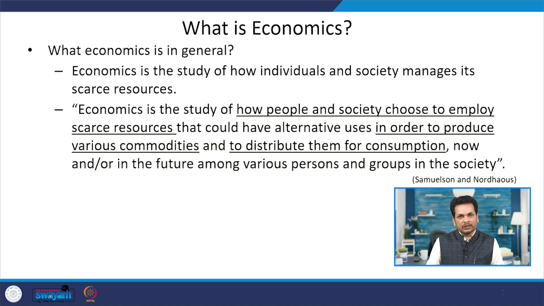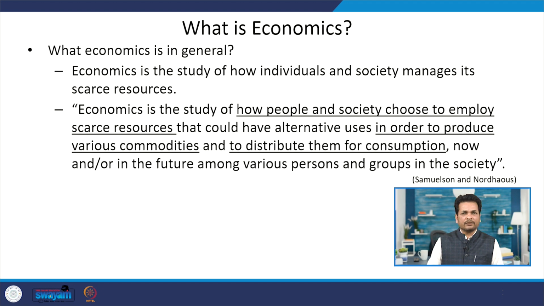If you go by the definition, economics is the study of how individuals and society choose to employ scarce resources that could have alternative uses in order to provide various commodities and to distribute them for consumption now and or in the future among various persons and groups in the society.